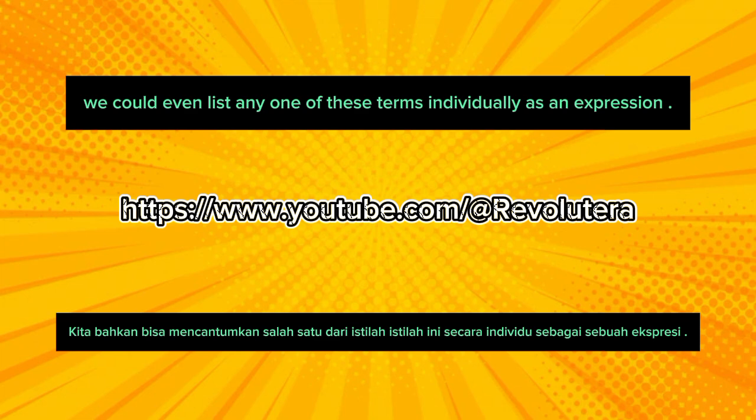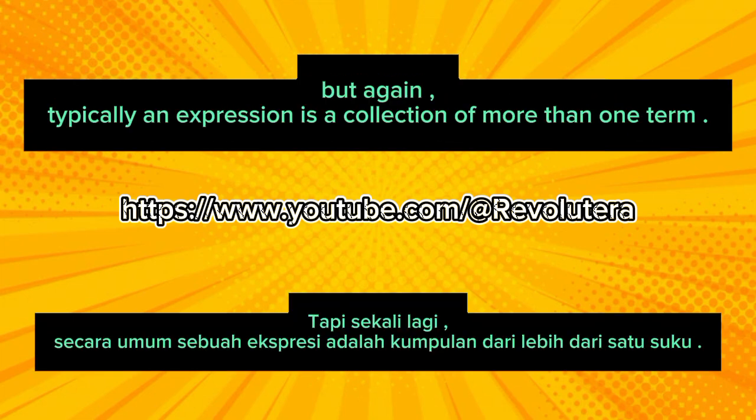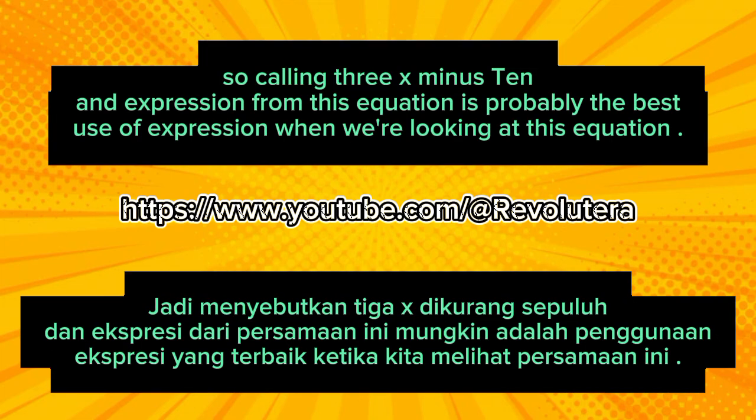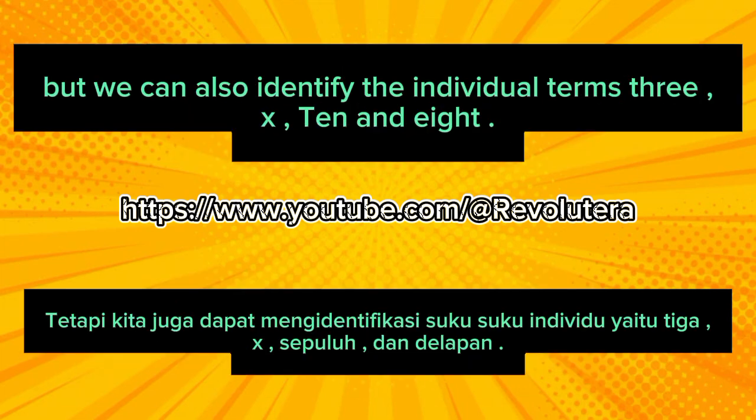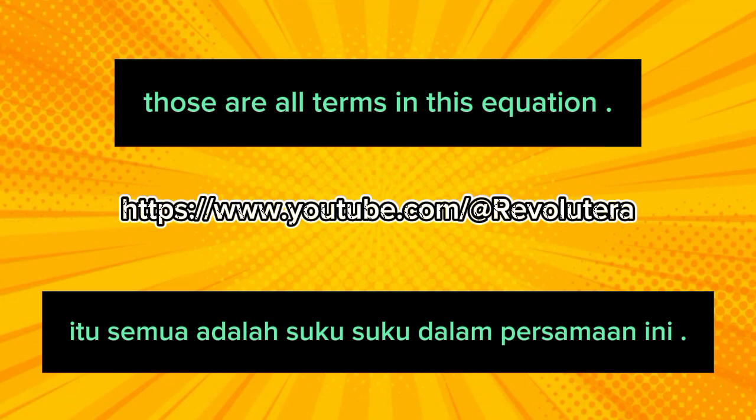We could even list any one of these terms individually as an expression. But again, typically an expression is a collection of more than one term. So calling 3x minus 10 an expression from this equation is probably the best use of expression. But we can also identify the individual terms 3x, 10 and 8. Those are all terms in this equation.